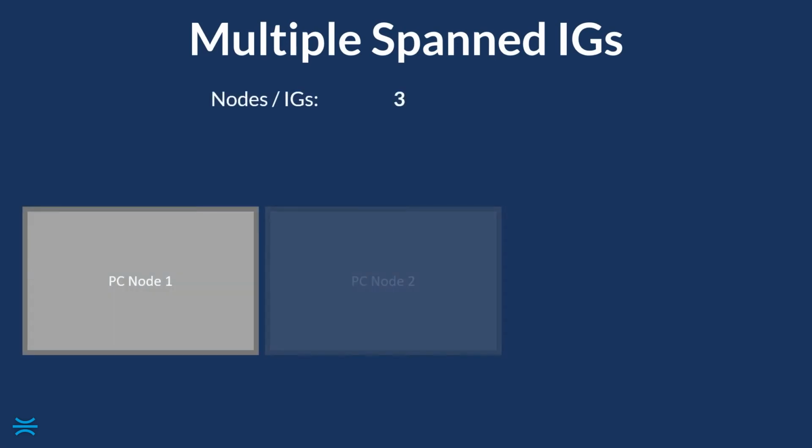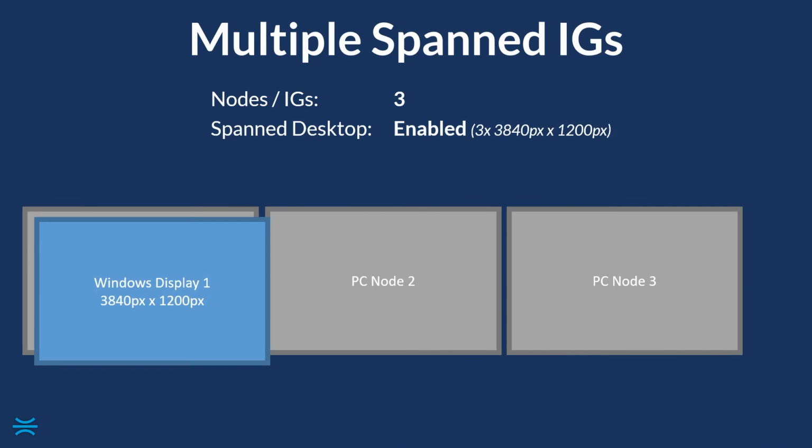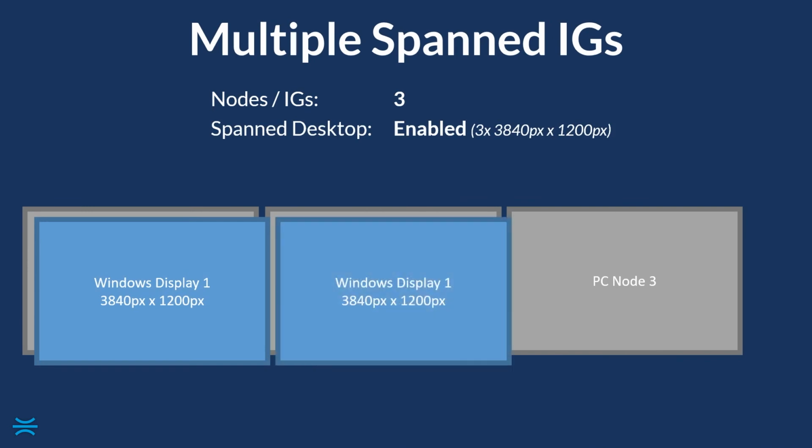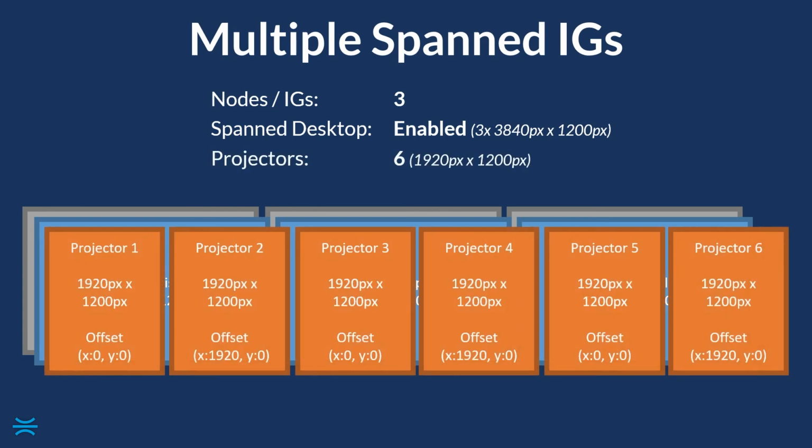Let's have a look at the same thing again, but this time with multiple spanned IGs. Here are our 3 PCs, and now we've got 3 displays again, but this time our displays are 3840 by 1200, because on each of these 3 PCs we're joining 2 lots of 1920 by 1200 into one span display.